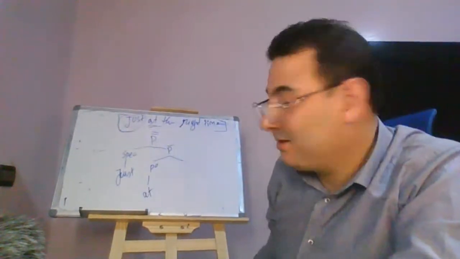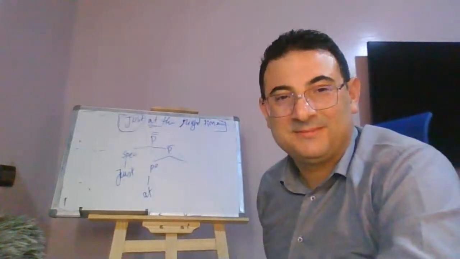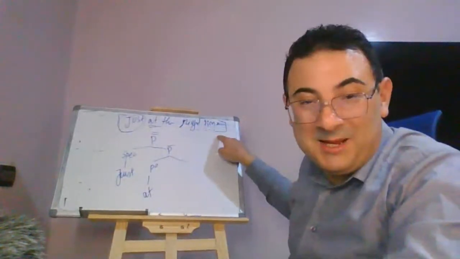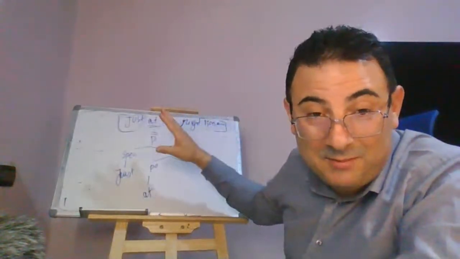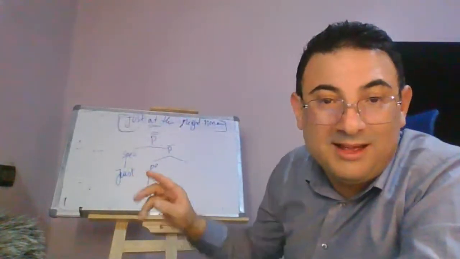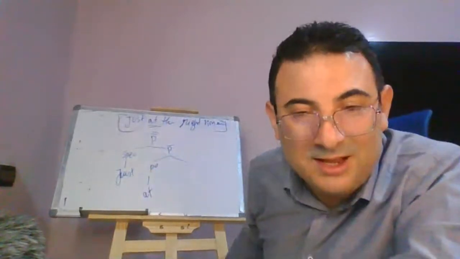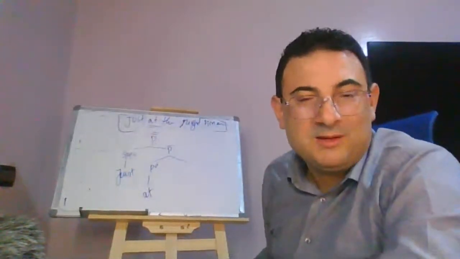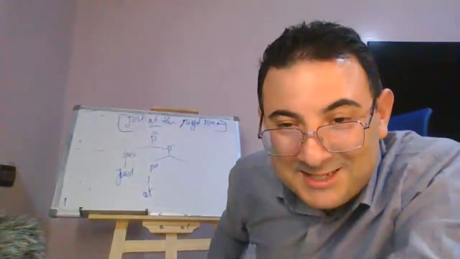The other question: how many N bars should I have here? The right time is an N double bar, and then I have the specifier "the." Should I have a copy here? Answer, yes, I should have a copy here. Why? Because I have an adjunct. Where is the adjunct? The adjective "right."